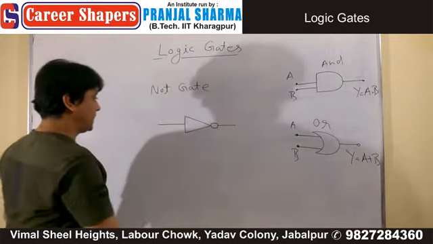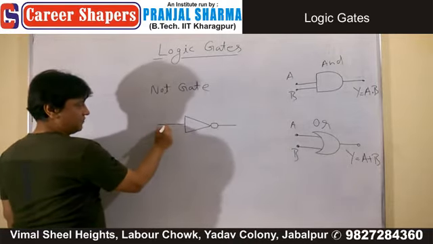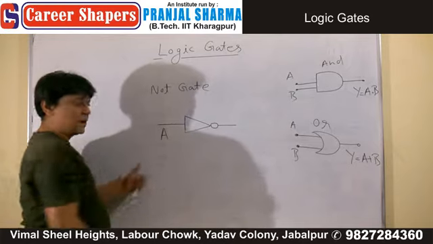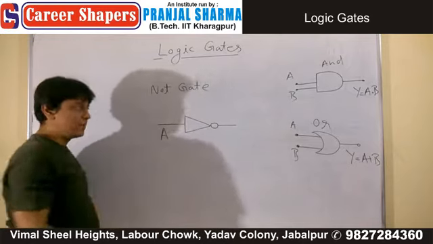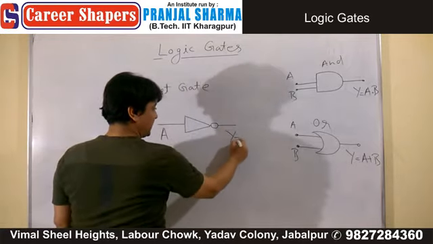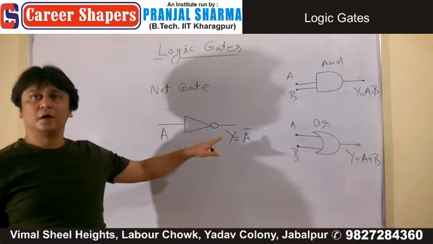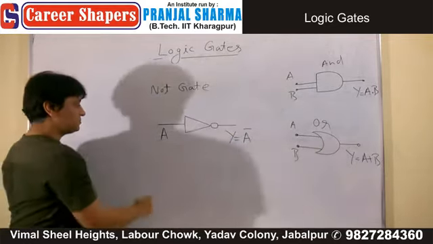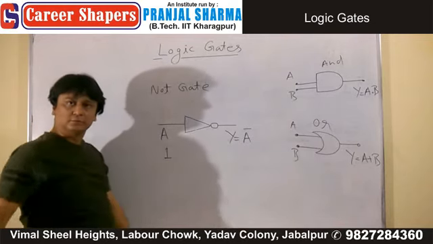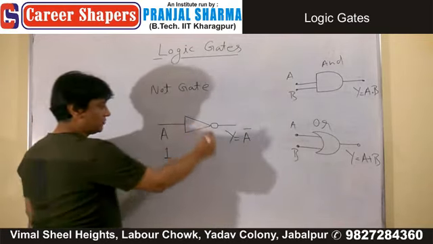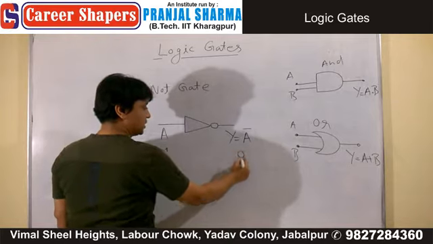Now what NOT gate does, if you send a command A, then the command you receive is A bar. What is A bar? If you send 1, the final output will be 0.